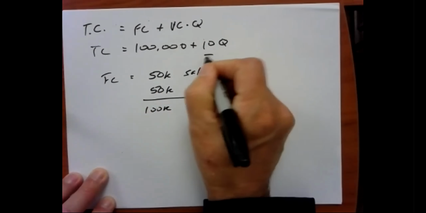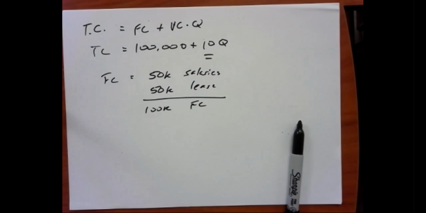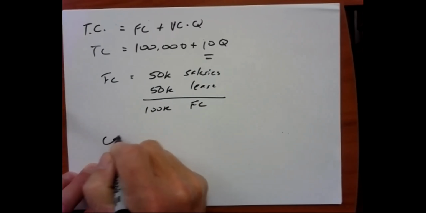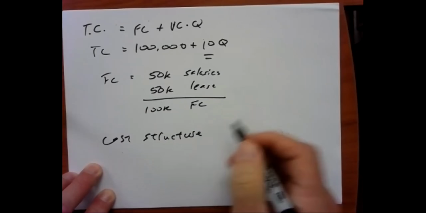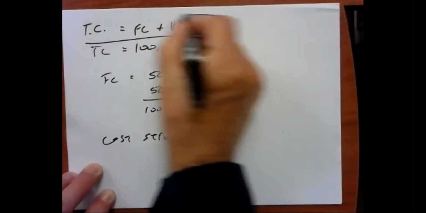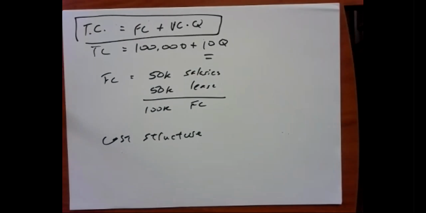And then we said that for each unit, each test they did, there would be $10 in reagent costs. This is called the underlying cost structure. The total cost is equal to the fixed cost plus the variable cost per unit times the quantity produced.